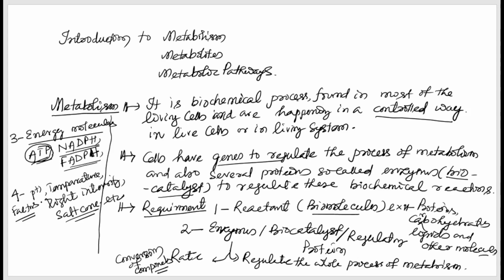But some important parameters have to be in a stable condition within a definite range so that the metabolism process can be conducted smoothly. These are pH, temperature, and light intensity.